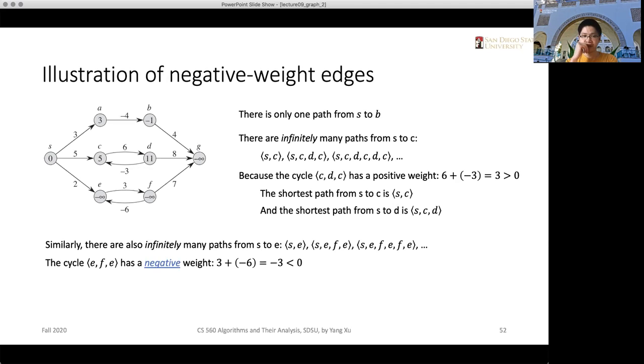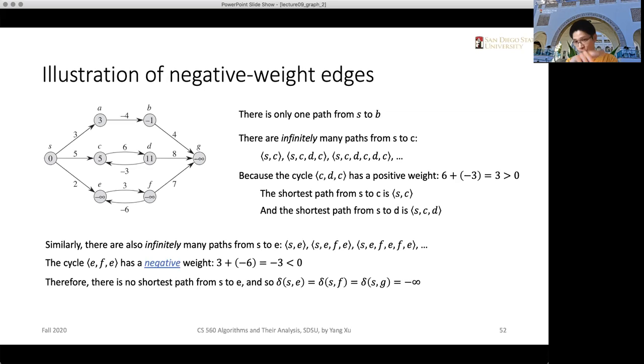That is unfortunate because you can go around infinitely many times and get lower and lower weights. The more you go, the lower the total weight. So no shortest path is defined in this case.